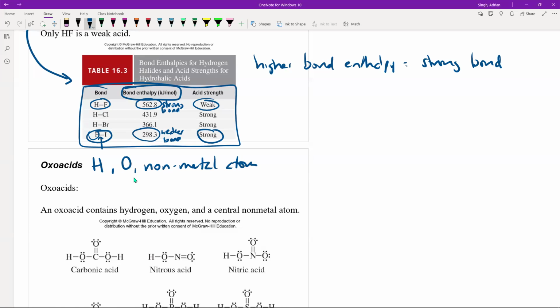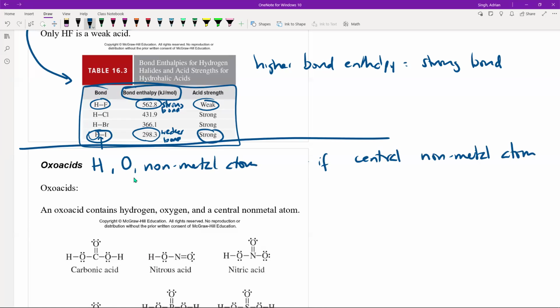The general trend here is that if that central non-metal atom is electronegative, or has a high oxidation state, then that acid is going to be strong.